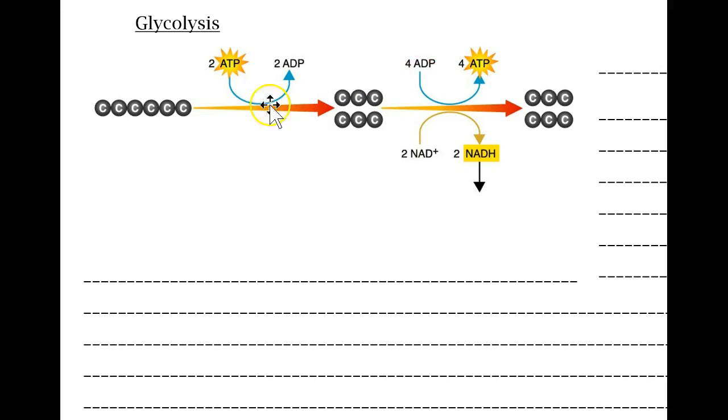So 4 minus 2, we actually gained 2 ATP from the process of glycolysis, as well as 2 pyruvic acids, because these 2 3-carbon compounds are now pyruvic acids, and these pyruvic acids are going to be able to move through the membrane of the mitochondria, where we're going to go next.